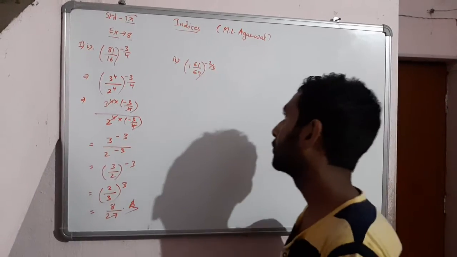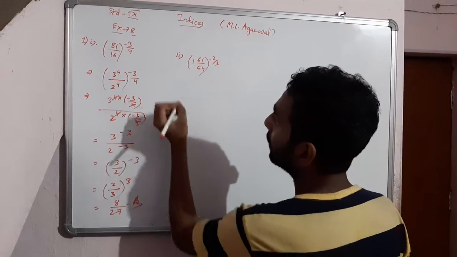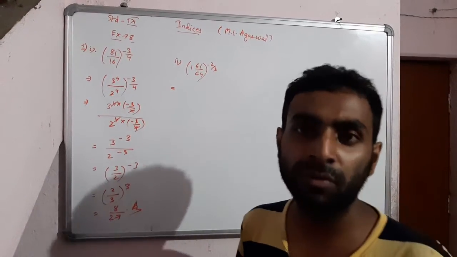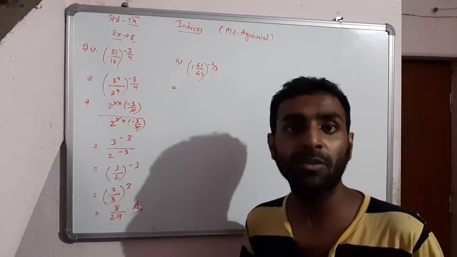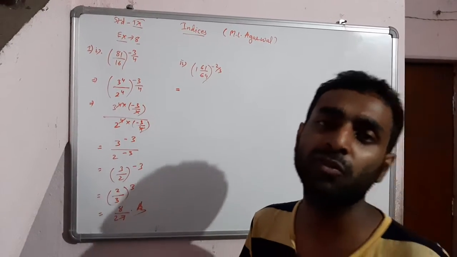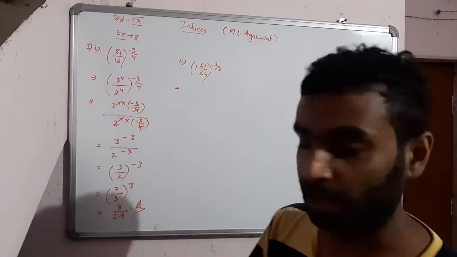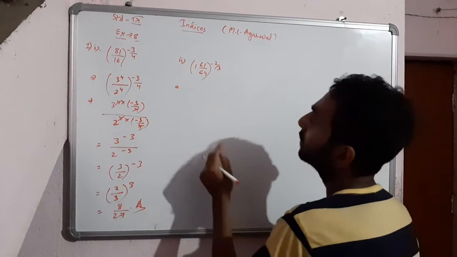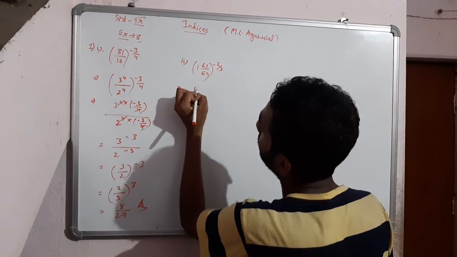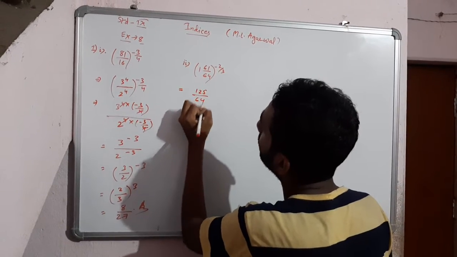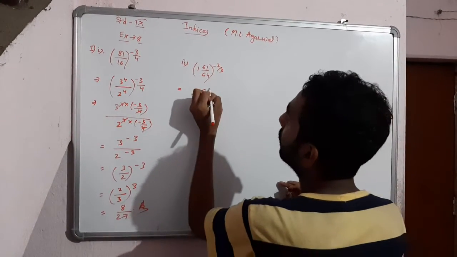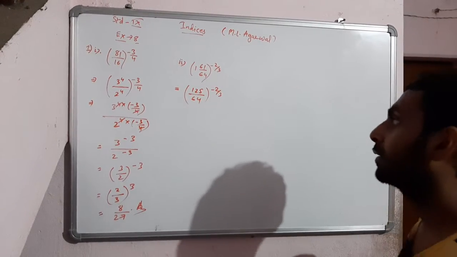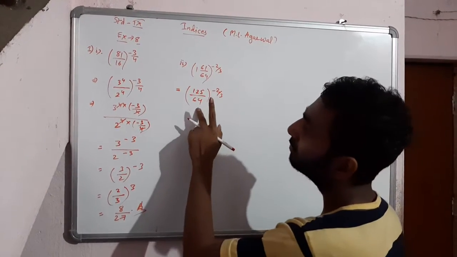Let's start. First we will convert the base, which is in mixed fraction, into an improper fraction. 64 ones are 64 plus 61, that is 125 by 64, to the power minus 2/3. Now see this sum.